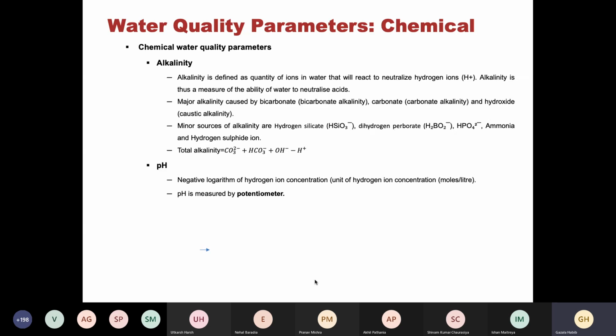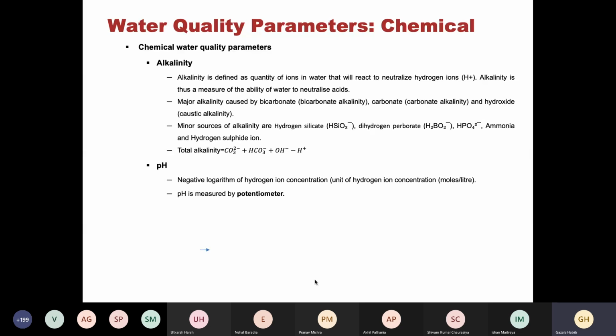So if you add acid to a water sample, until all the H plus ions added by the acid are neutralized by carbonate and bicarbonate, that amount of carbonate and bicarbonate is known as alkalinity.